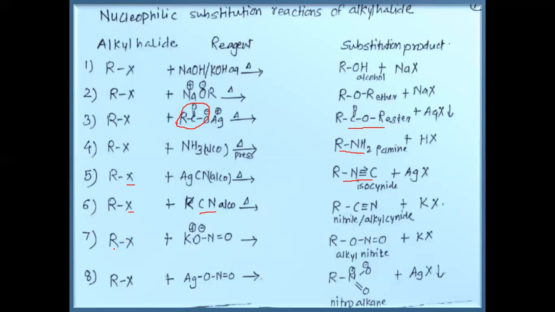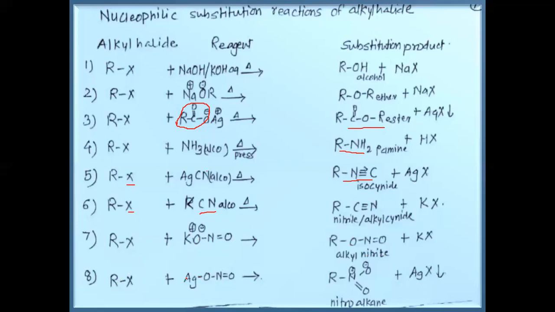Seventh reaction, RX plus KNO2, potassium nitrite. It gives RONO plus KX, alkyl nitrite. So carbon is bonded with oxygen. Here this also acts as a nucleophile, or in this case nitrogen forms a bond with the carbon of the alkyl group.